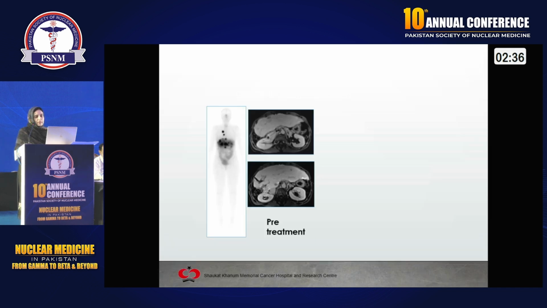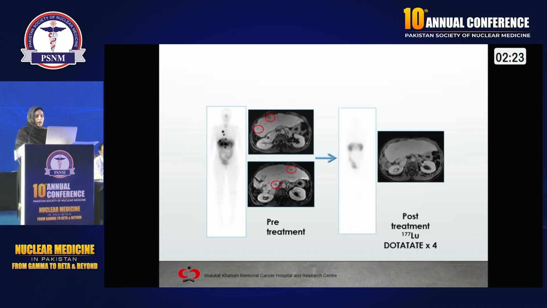So, some cases. This was a young female, 26 years old, diagnosed with a metastatic neuroendocrine tumor of pancreatic origin. She received 4 cycles of PRRT and had a complete response, and she was followed up for 8 years and has remained in remission.